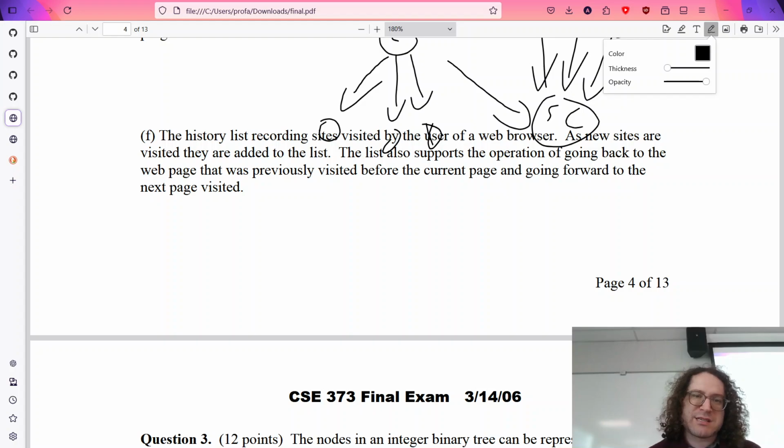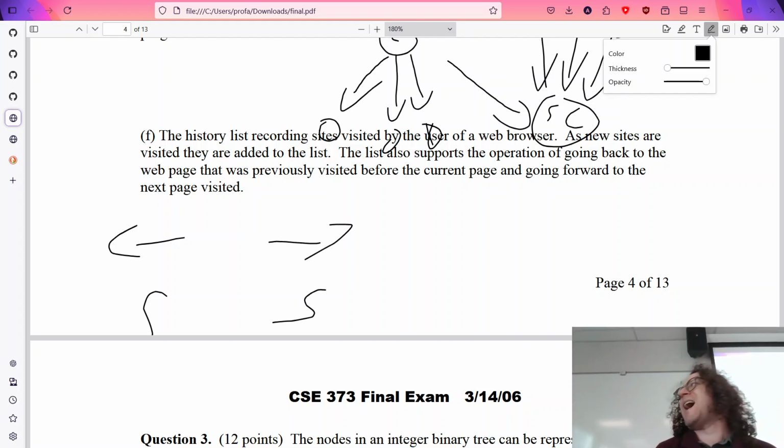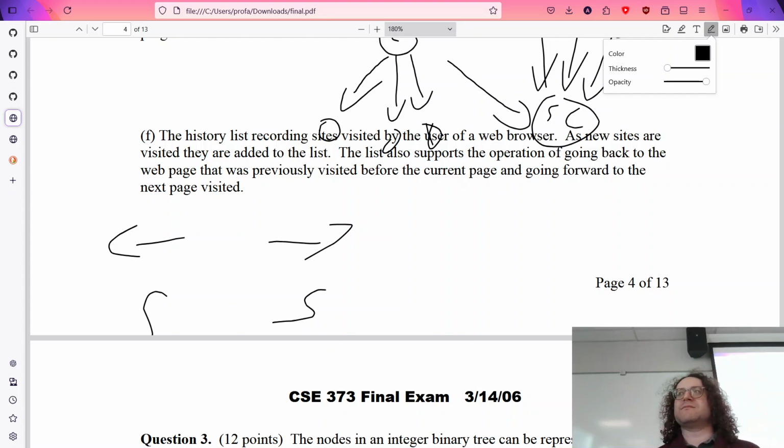Another way we can do this is to have the back button be a stack, and the forward button also be a stack. So when you go backwards, you pop from the stack and push to the other stack. And when you go forwards, you pop from the forward stack and add it to the back stack. A good example where something might have multiple answers.